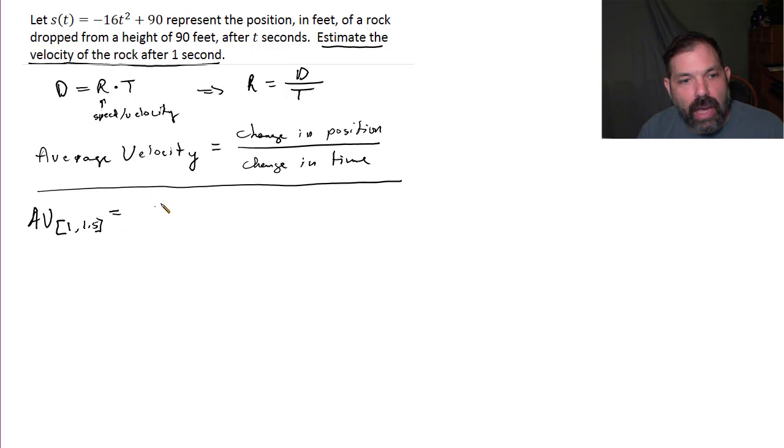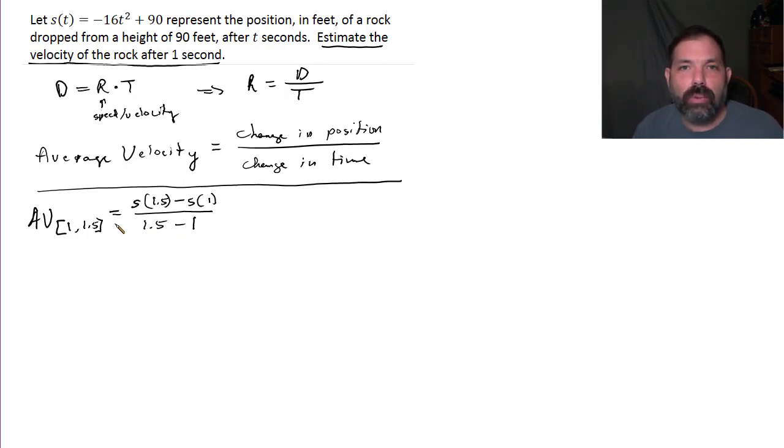So that would be the change in position. The position function is negative 16 t squared plus 90. So I'd have the position function at 1.5 minus the position function at 1, over the change in time, 1.5 minus 1. Hey, doesn't that look familiar?